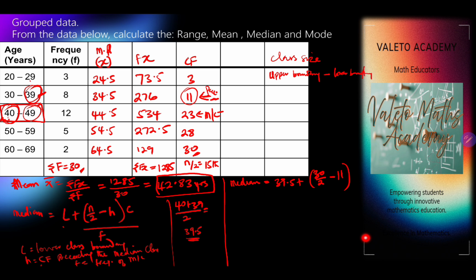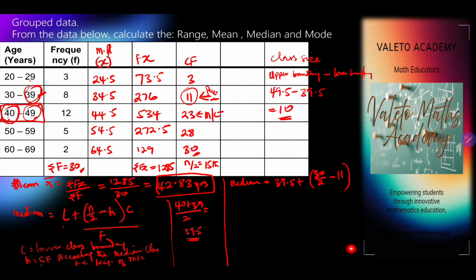Okay, and the upper boundary here is 49.5 minus the lower boundary 39.5. That is the class size. And 49.5 minus 39.5 is equal to 10.